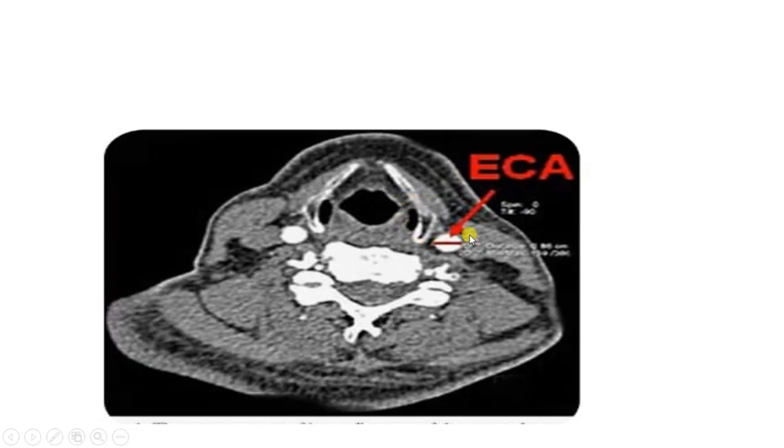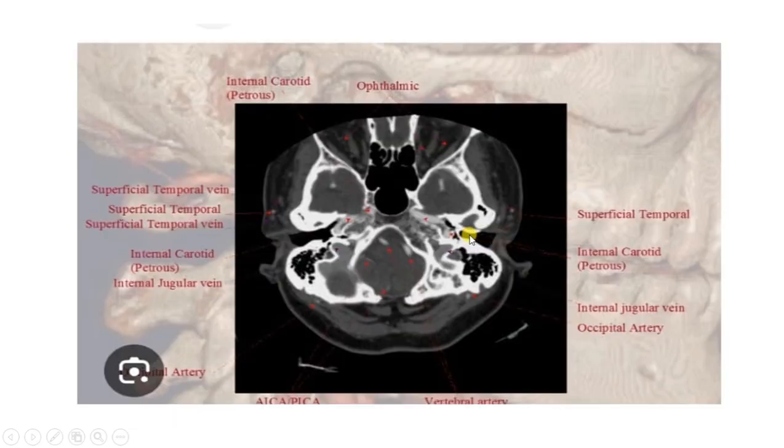This is the external carotid artery, and the smaller branches we should identify according to their location, and we should remember where they are located and the bilateral location.